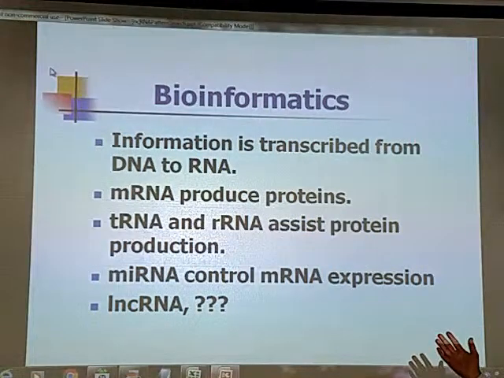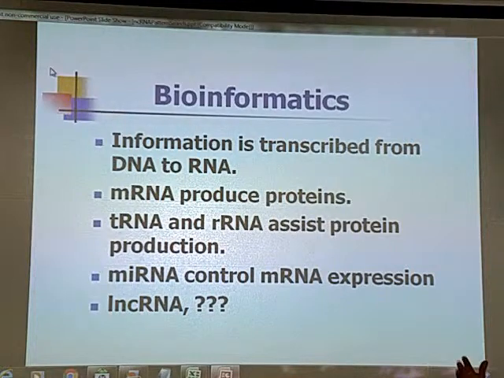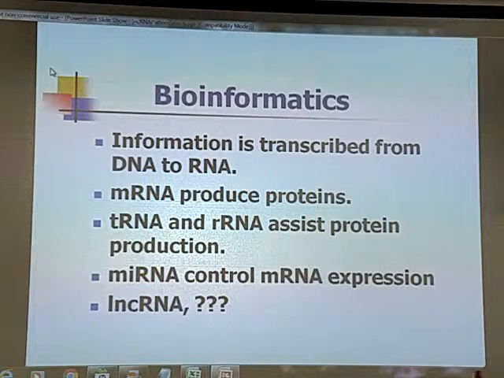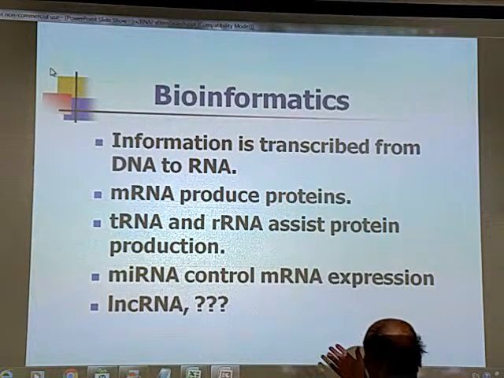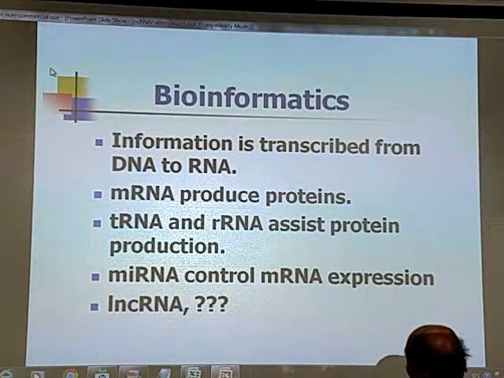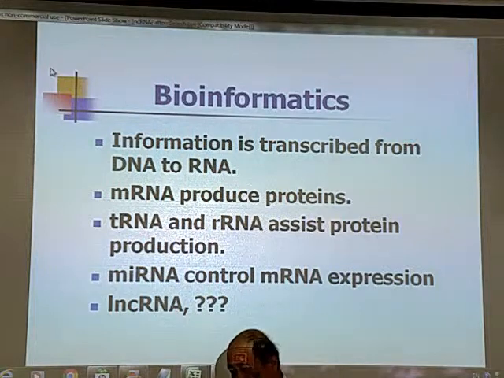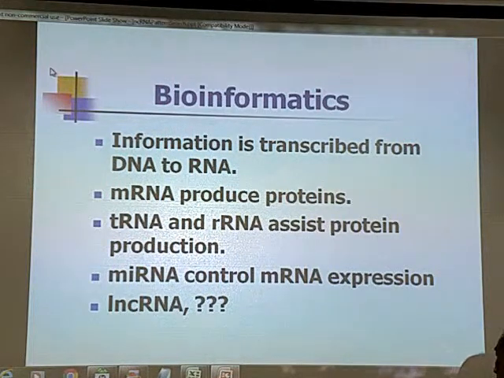So messenger RNA produces protein, and transfer RNA and ribosomal RNA assist protein production. And we have found many microRNA which do control the expression of messenger RNA; they enhance or impede messenger RNA expression. And we have lots of long non-coding RNAs, and nobody knows what they are doing.